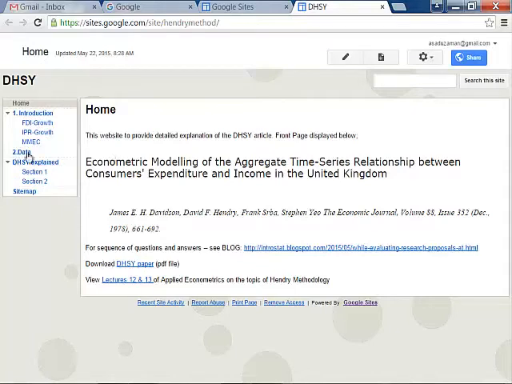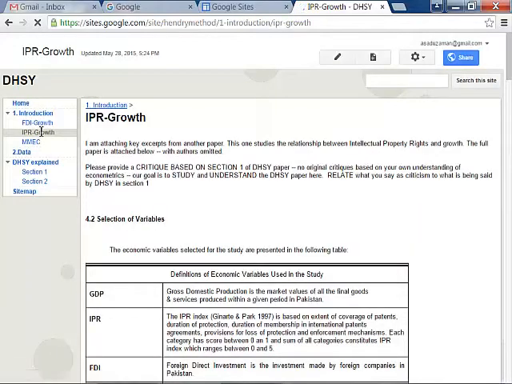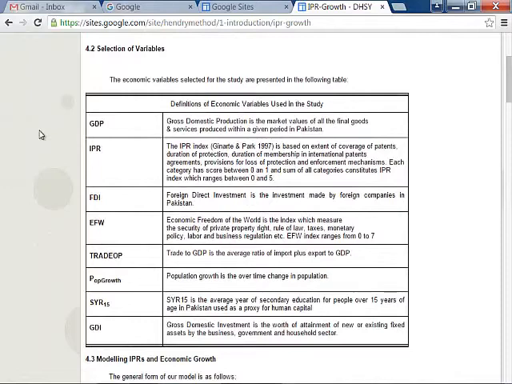But so here is a FDI growth paper. Then there is another paper on intellectual property rights and growth. And again, this paper takes these variables. Very well written paper.